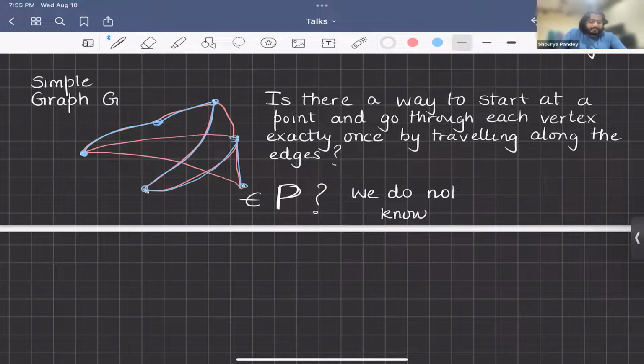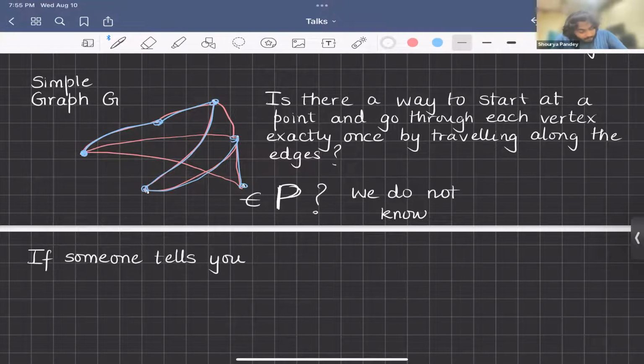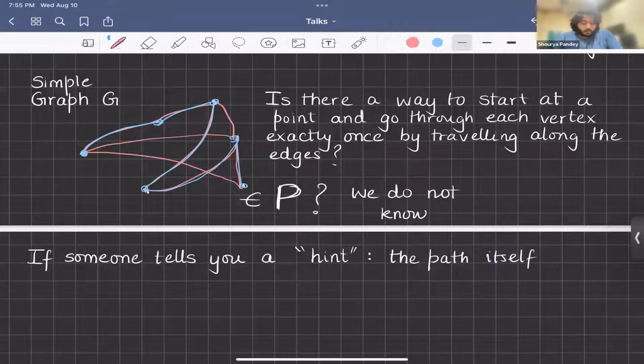However, if someone tells you a hint, quote unquote, which in this case is the path itself, then it's easy to answer the question, in the case that the answer is yes.